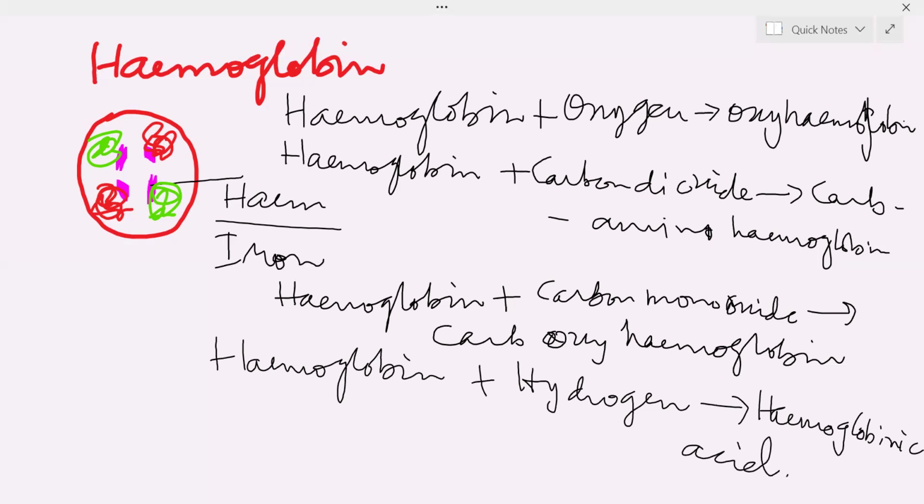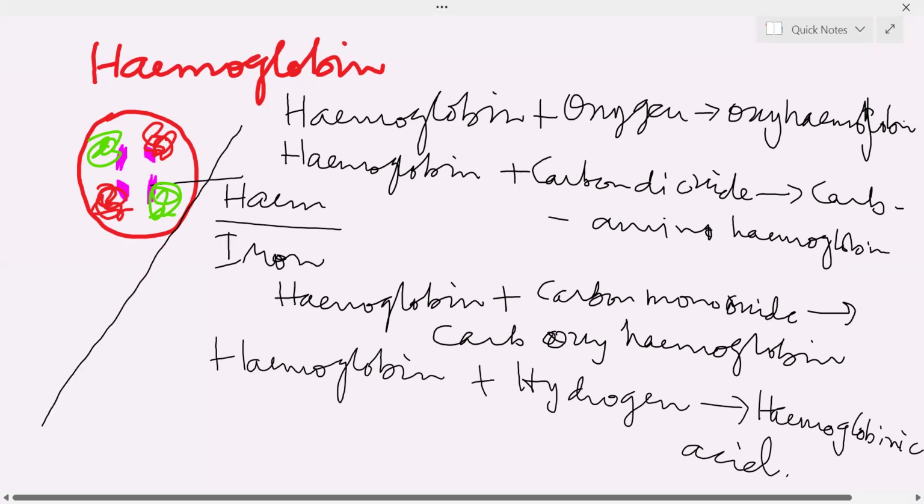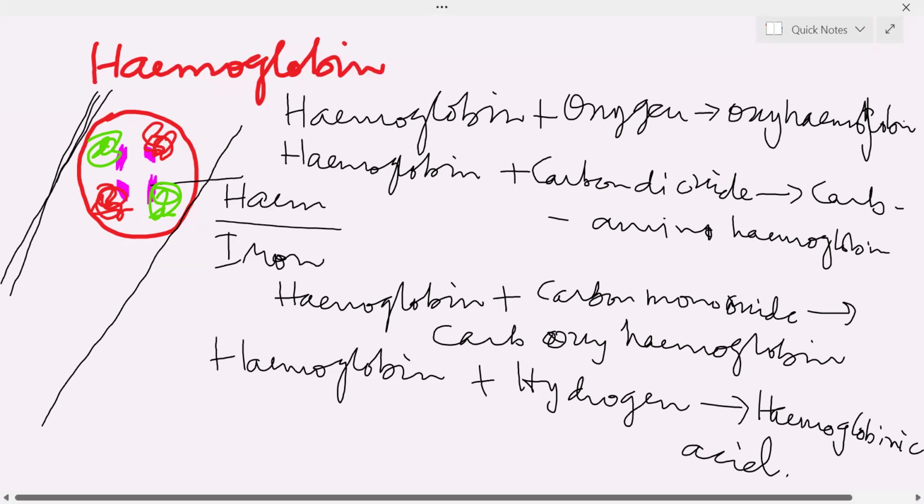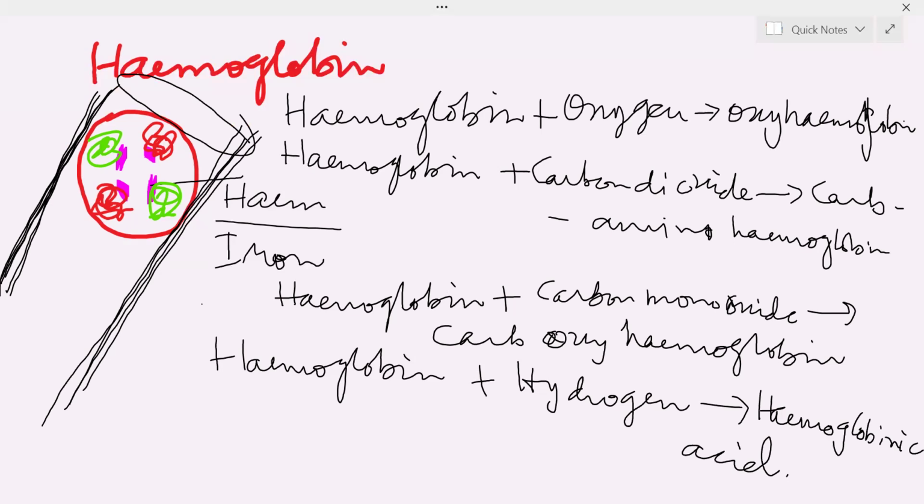So, first of all, we talk about oxyhemoglobin. When oxygen is binding with the heme group, oxyhemoglobin is made, and this oxyhemoglobin is carried by the help of RBCs. You can see here, in the blood capillary, the distance of diffusion is much reduced.